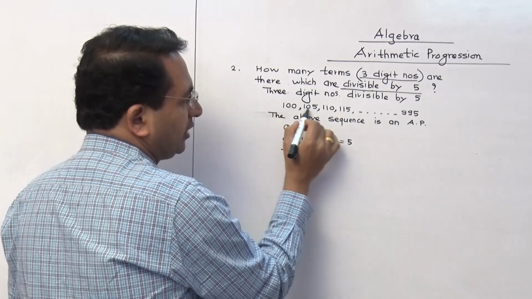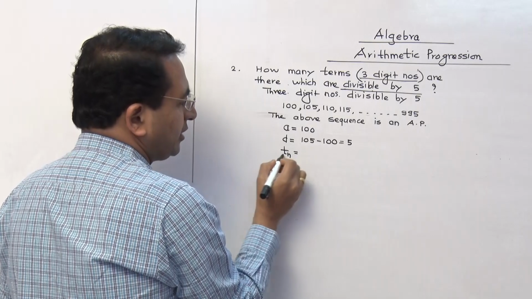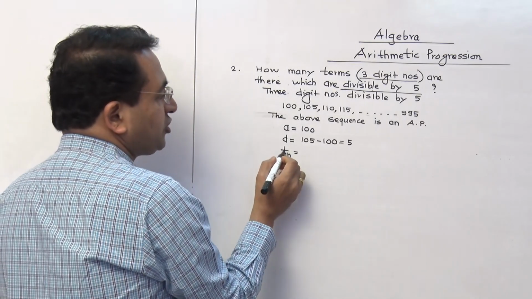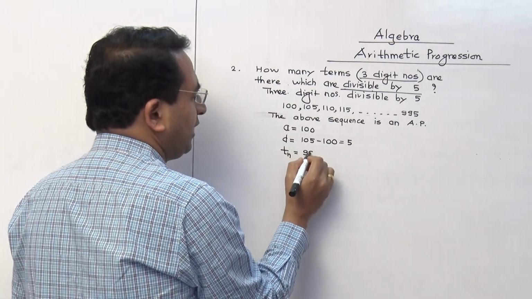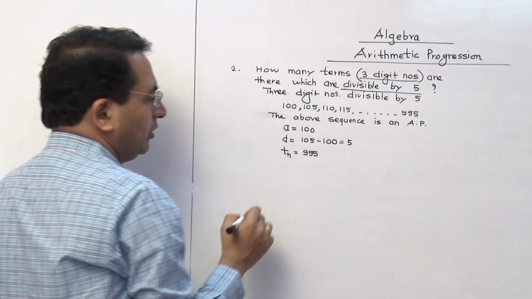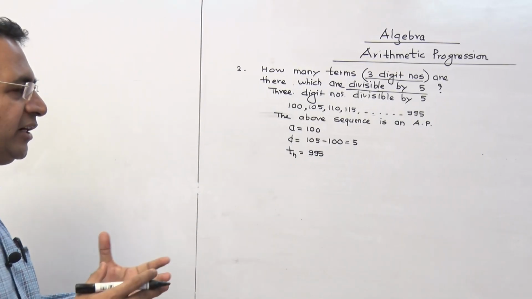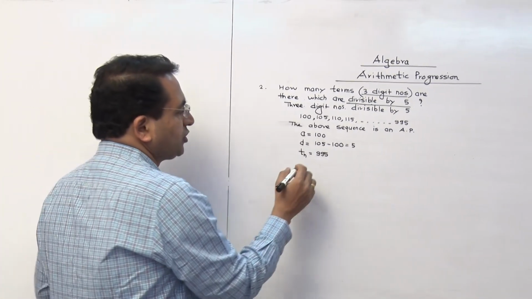See, in this particular sequence, we know the last term. We don't know which term number it is going to be. We know that the last term is going to be 995. So now we have to calculate n. How many terms are there? 20 terms or 50 terms? That we have to check.